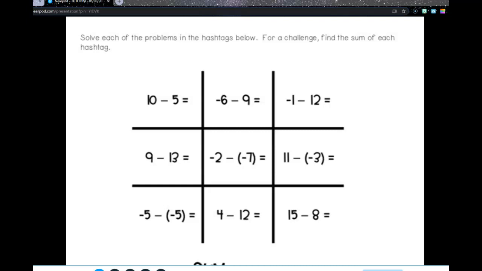See, mine says request control, and then it has the little people, and then the hand, and then the three dots, and then besides that is the camera on and off and leave. Okay. Because we need to figure out how to get you connected to Nearpod and all that stuff. So if I come to my conversation and I post something, does anything pop up on your screen anywhere?